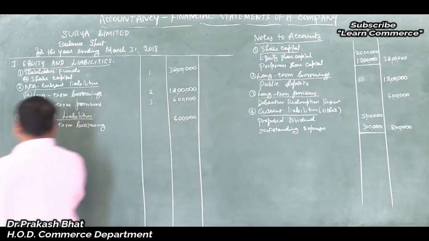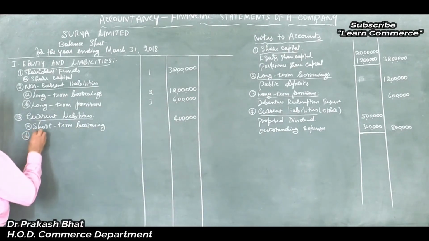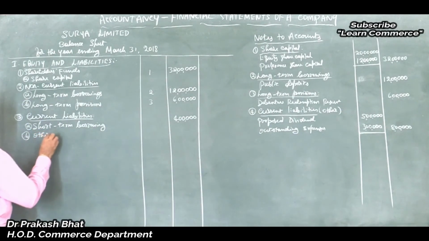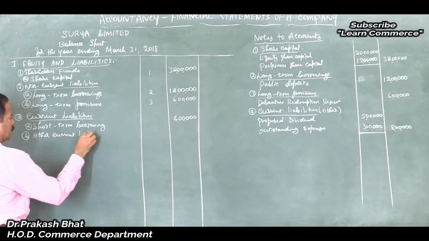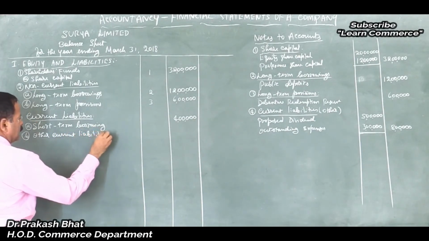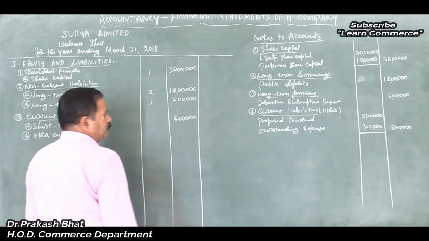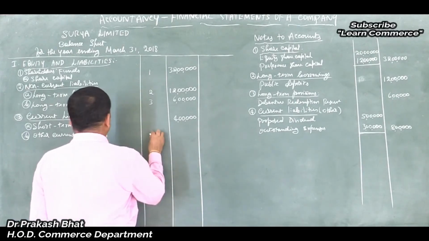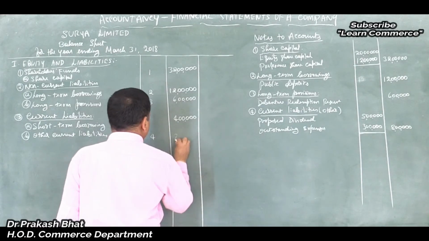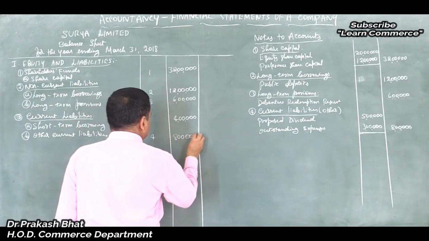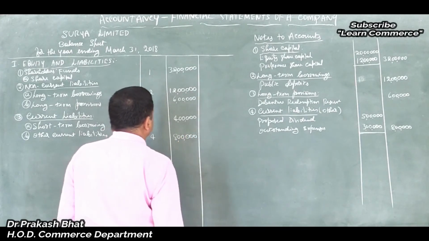Point B, other current liabilities, note number 4. It was a total of 8 lakh, right? 8 lakh.